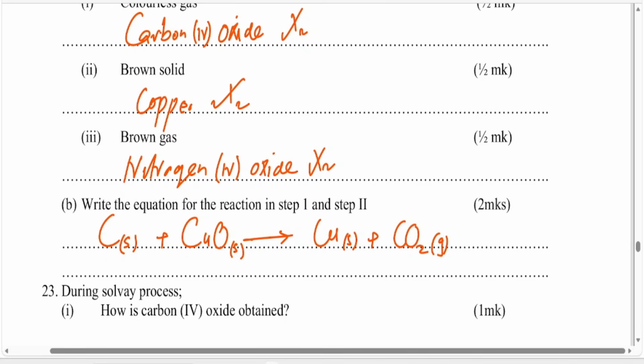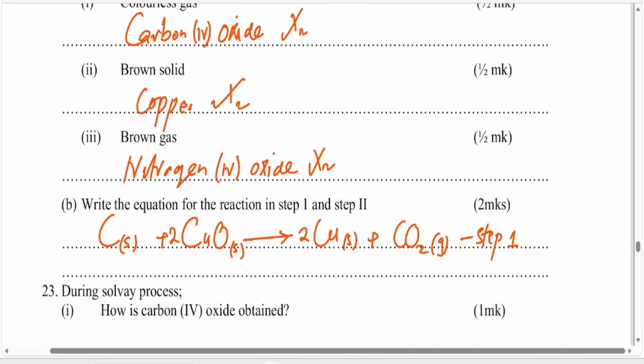We balance by putting a 2 on copper 2 oxide and also by putting a 2 on copper. That is for step 1.